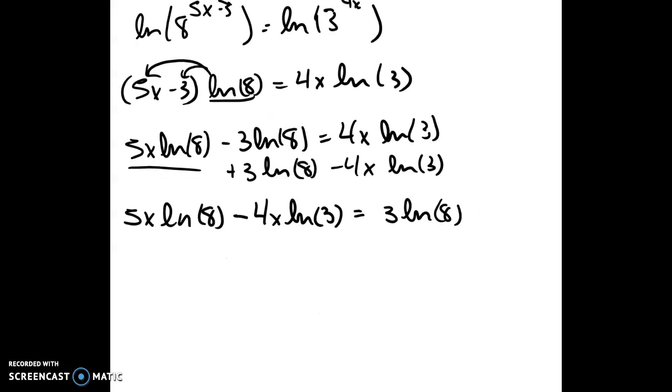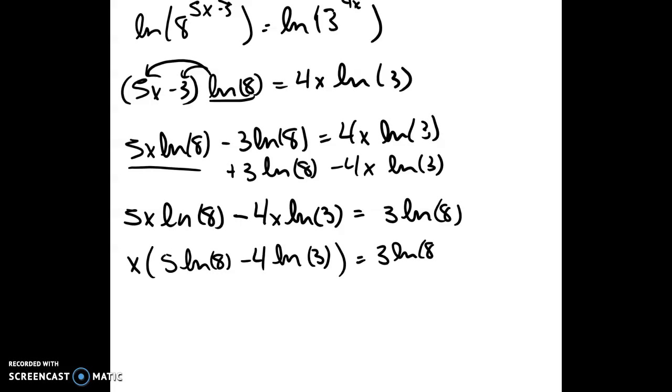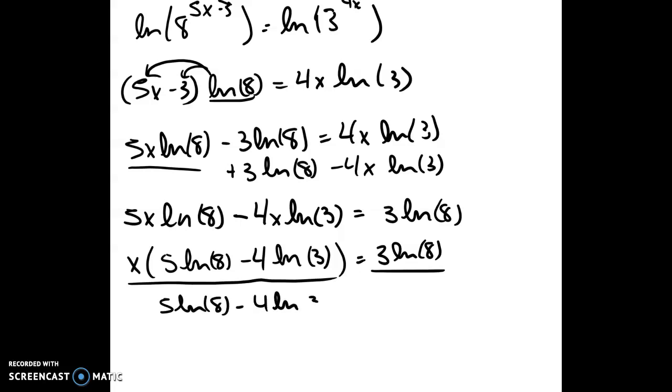Okay, now what I'm going to do is factor out an x. So I'm left with 5 natural log of 8 minus 4 natural log of 3 equal to 3 natural log of 8. I'm going to divide both sides by 5 natural log of 8 minus 4 natural log of 3.